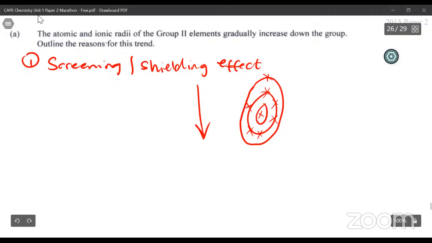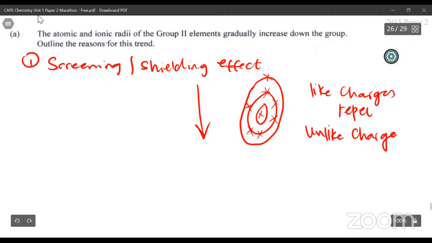Also, by the addition of electrons, you know that like charges repel and unlike charges attract.